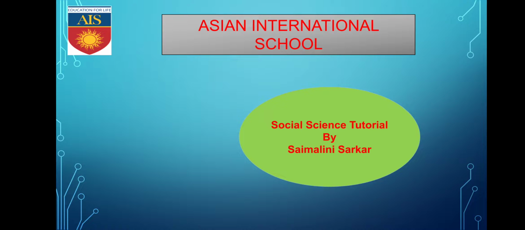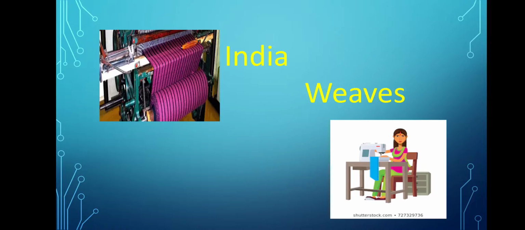Let's see what is the name of the chapter that we are going to learn today. India weaves. Now, the term weaves means to weave something, to form something, to make something. The word weaving is related to textile. It can be made up of wool, cotton, silk, rayon, any kind.